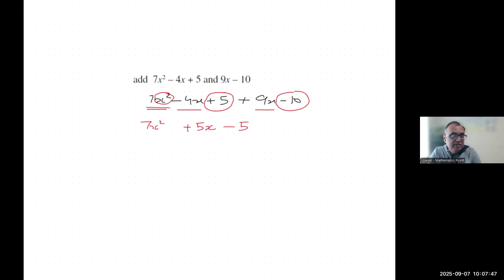So the answer is 7x squared plus 5x minus 5. Now, I think a few of you got confused. So minus 5 plus 10 is minus 5.